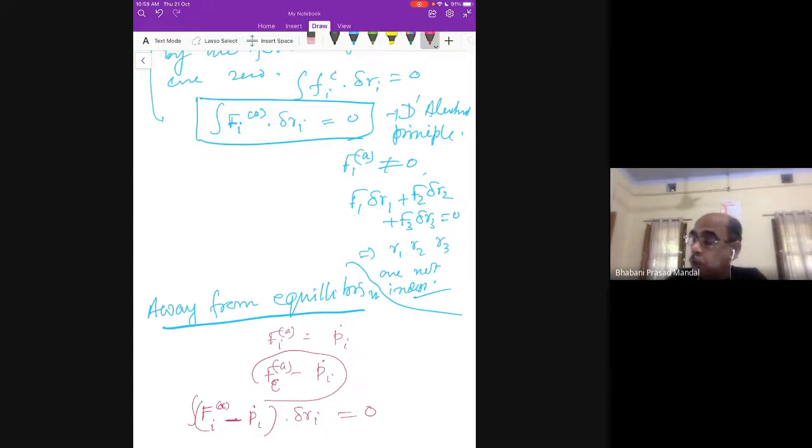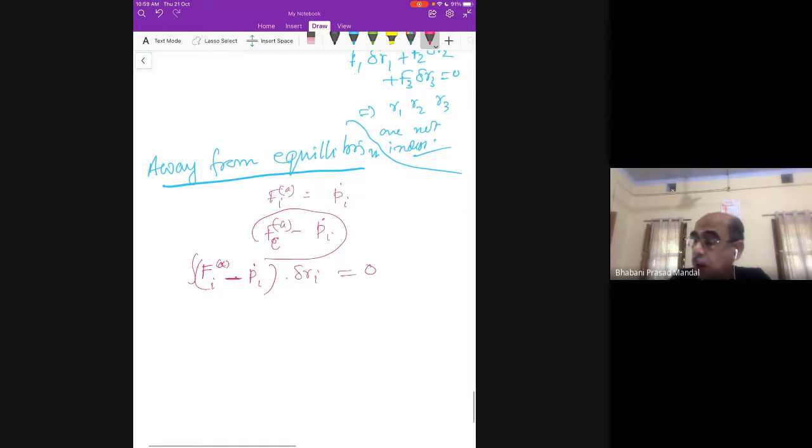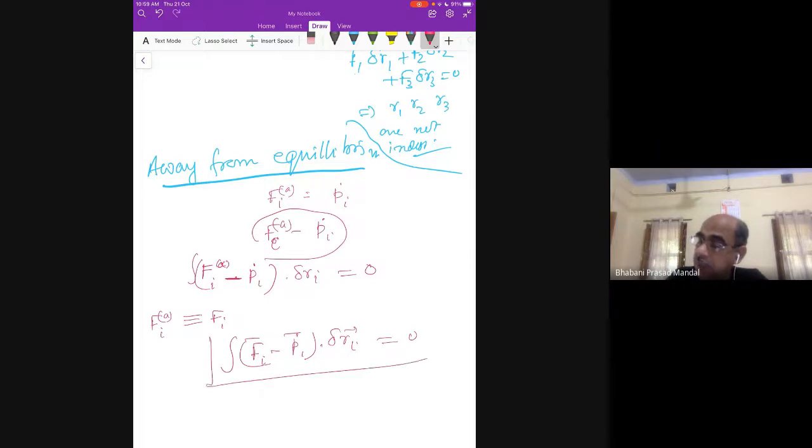Henceforth we remove the subscript a, because repeatedly we will not write it, this is the same as F. Okay, so now D'Alembert's principle is F_i minus p_i dot, all vectors, dotted with delta r_i vector, equal to 0.